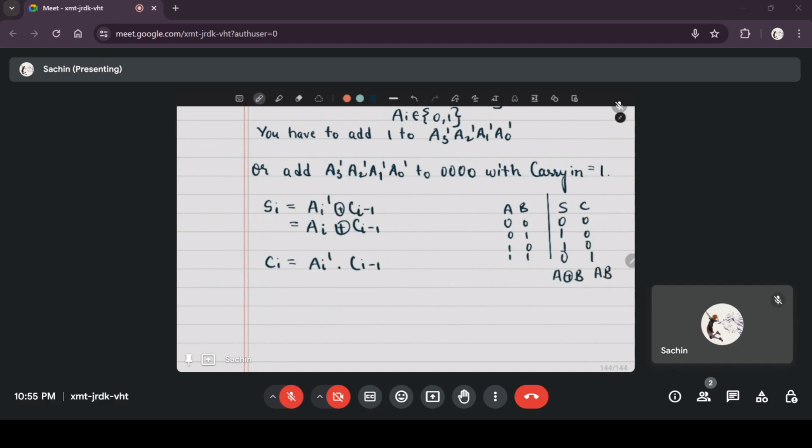Now you are adding the previous carry to the complement of the number, right? You're complementing and then doing the addition operation. So the sum at the ith stage is Ai complement XOR Ci minus 1, which can again be written as A XOR Ci minus 1 complement. That's the property of the XOR operation.